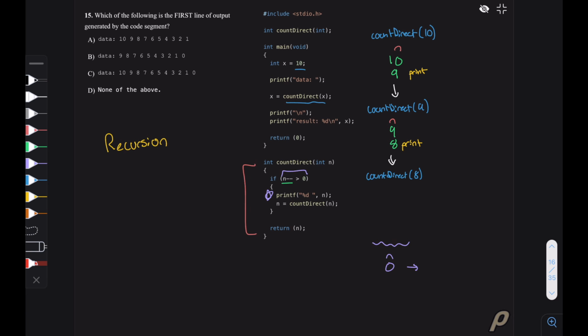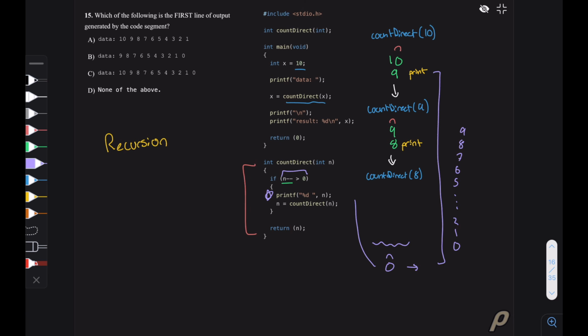But since we broke out before that, we know that all of the values from 9 until 0 were printed out. So that'd be 9, 8, 7, 6, 5, and so on, down to 2, 1, 0. Once this is no longer true, we finally return this n value back up the chain.